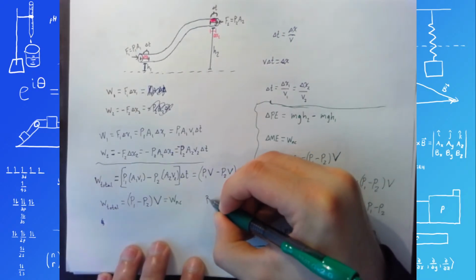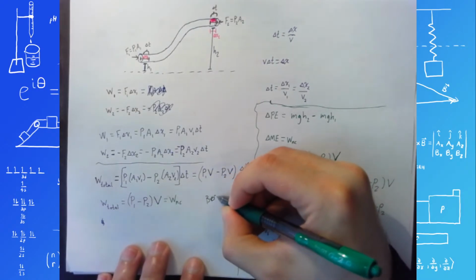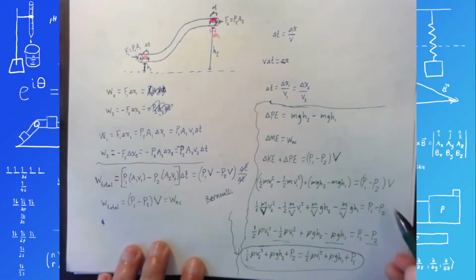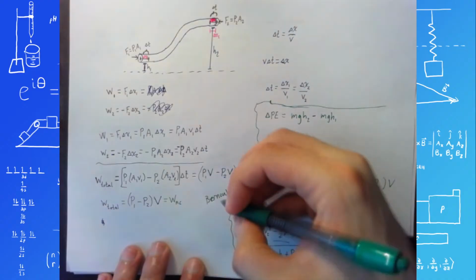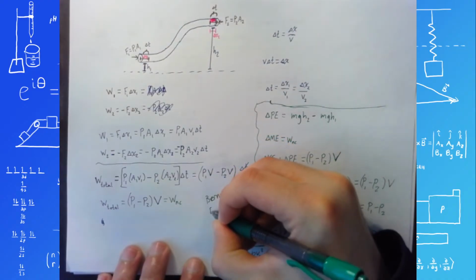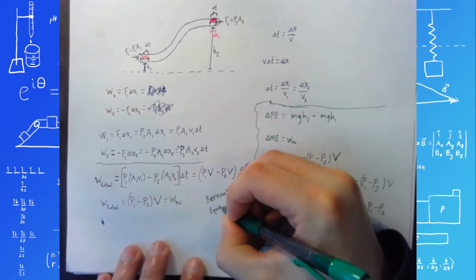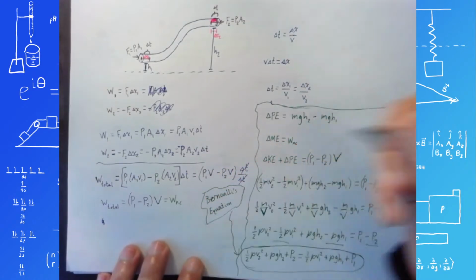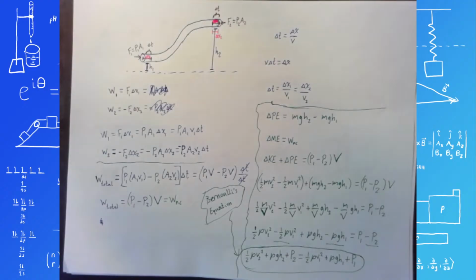This is Bernoulli's equation. It's really just conservation of energy on a per volume basis, right? We divided everything by volume over here. It's just the conservation of energy equation per volume, where instead of looking at the energy itself being conserved, we look at the energy per volume being conserved.